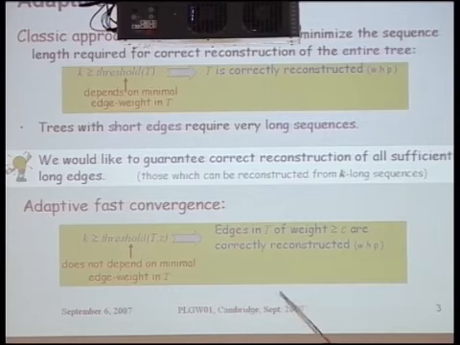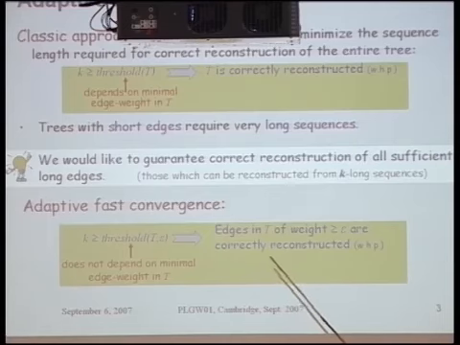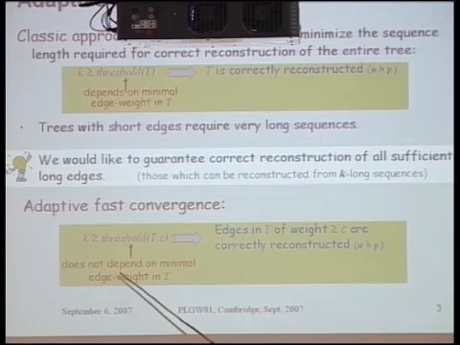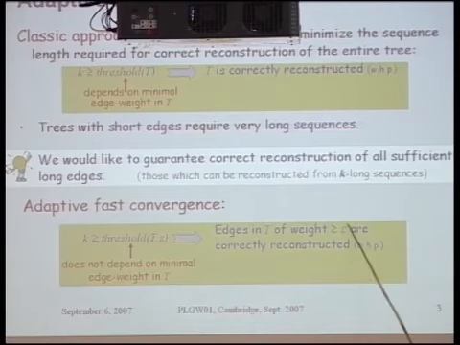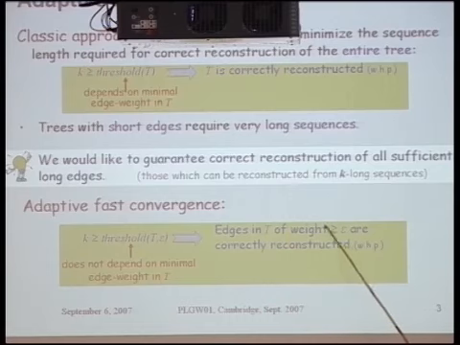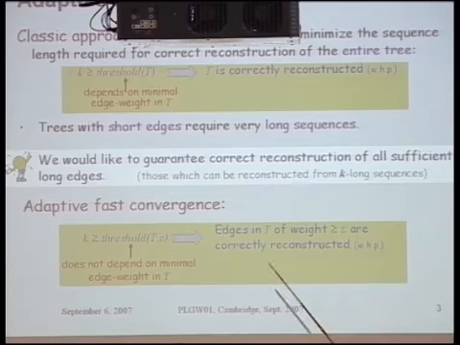And this is a more flexible and maybe natural requirement than this one, because the user can say, I can only afford these long sequences, do whatever you can, and try to guarantee whatever you can. And this guarantee, in a sense, you can look at it as a false negative guarantee, which tells us what edges are not going to be reconstructed, and typically it's going to be the short edges, the edges of weight less than epsilon.